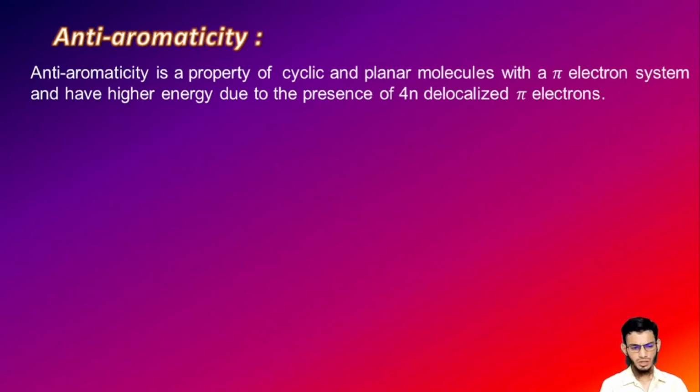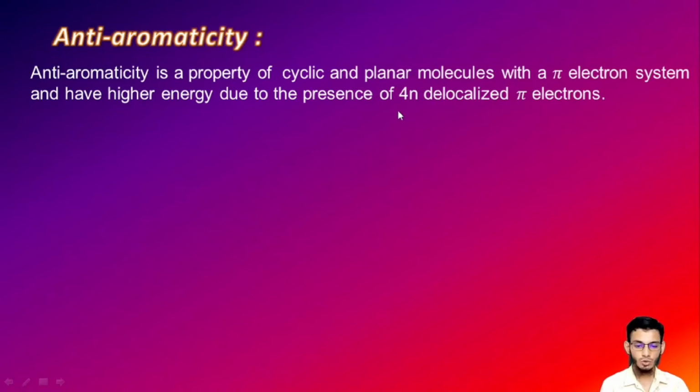Remember this thing. Okay, what is anti-aromaticity? Anti-aromaticity is a property of the anti-aromatic compound. But remember one thing, aromaticity and anti-aromaticity are similar, but the properties are different. They both are cyclic, planar, with a conjugated system of delocalized pi electrons. Remember this thing, delocalized pi electrons.